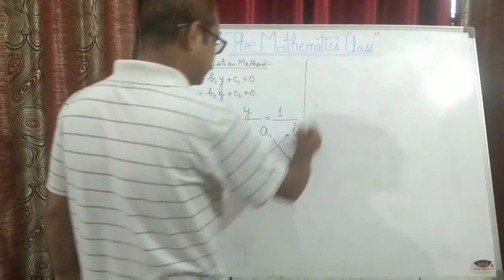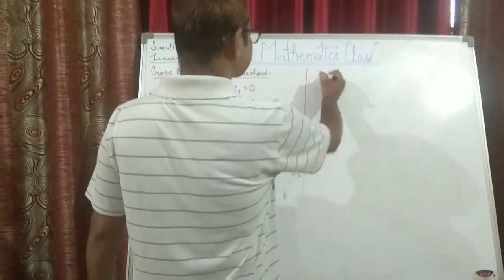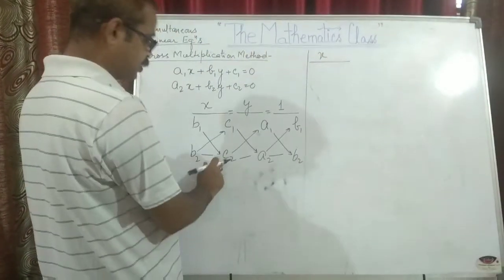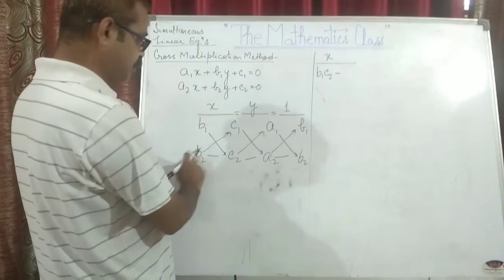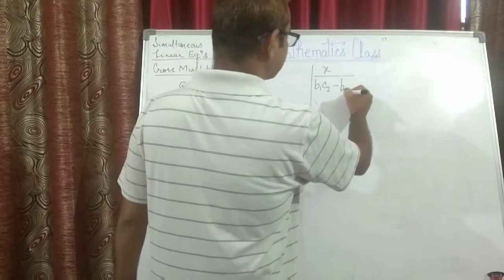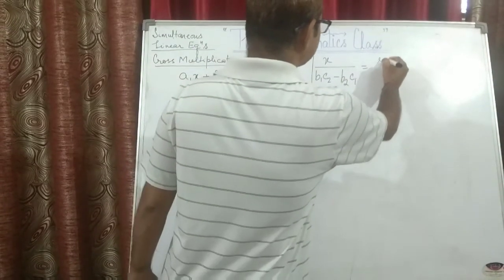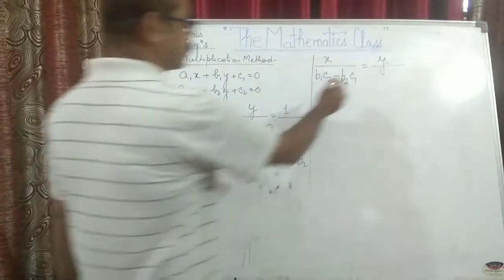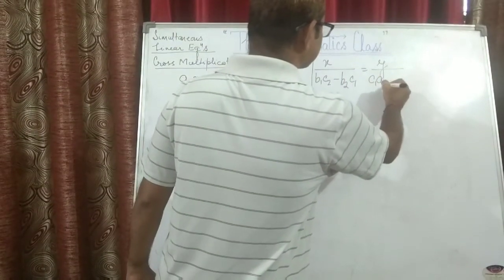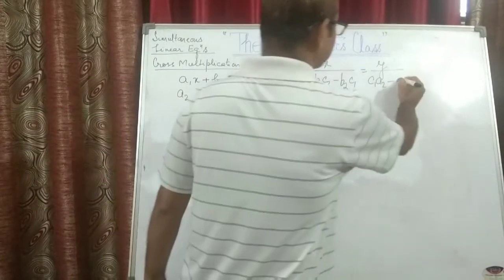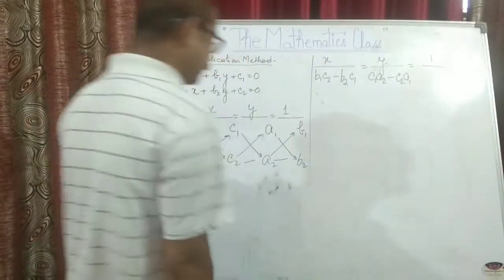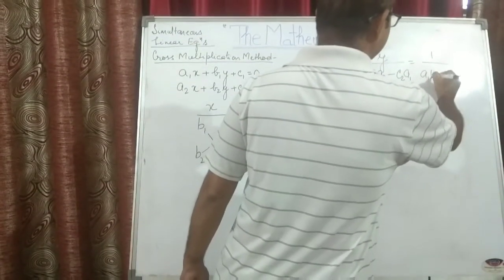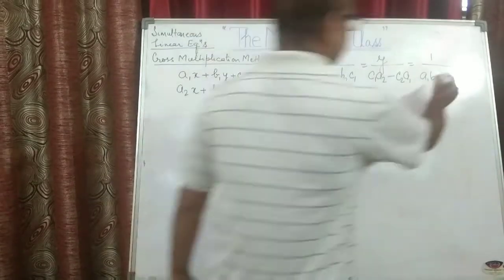So this can be written as x upon b1 c2 minus b2 c1, is equal to y upon c1 a2 minus c2 a1, is equal to 1 upon a1 b2 minus a2 b1.